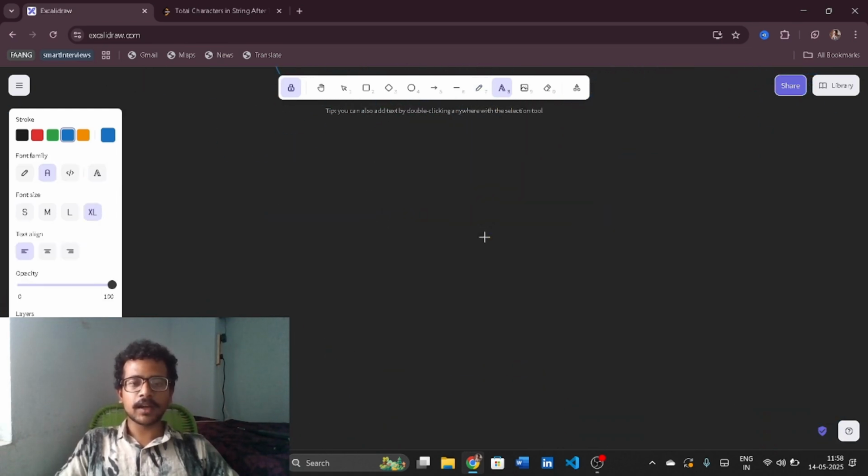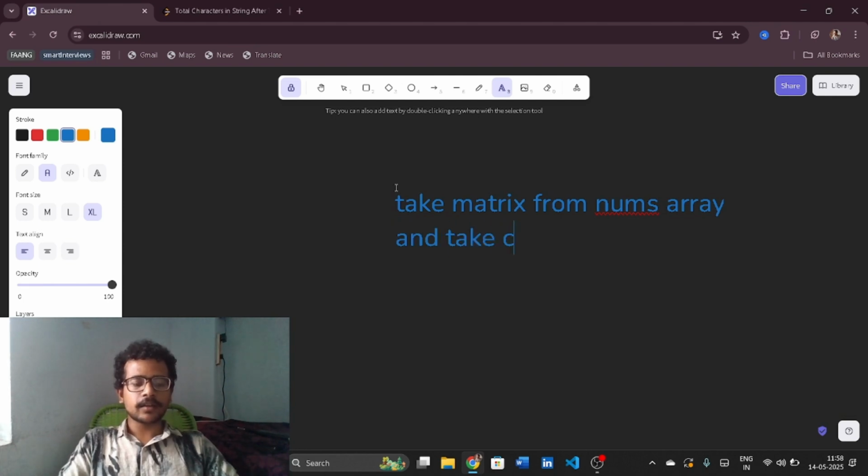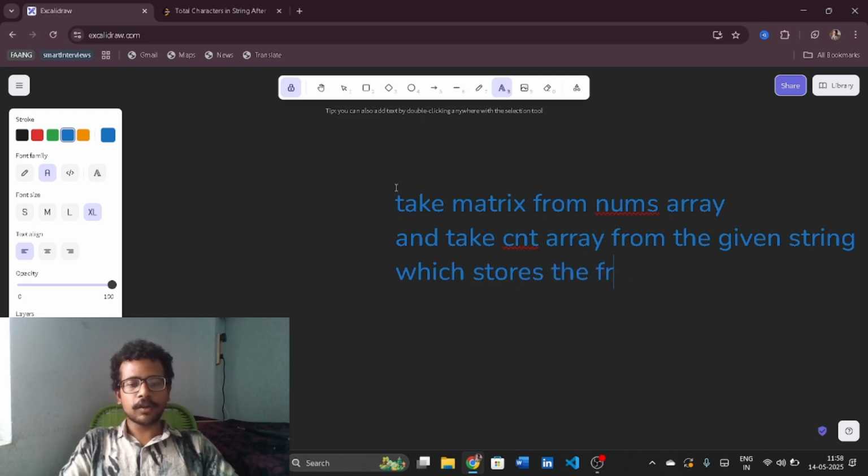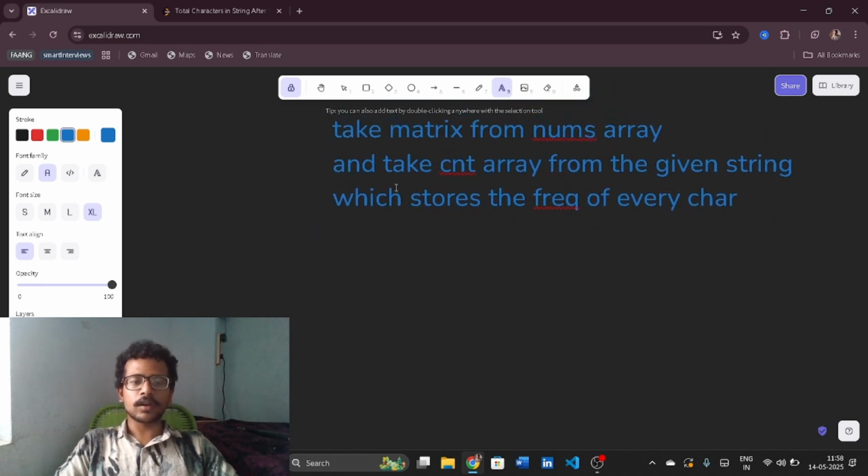Now, if I write the algorithm: take the matrix from the nums array, and take the count array from the given string, which stores the frequency of every character. Now I have the count frequency.